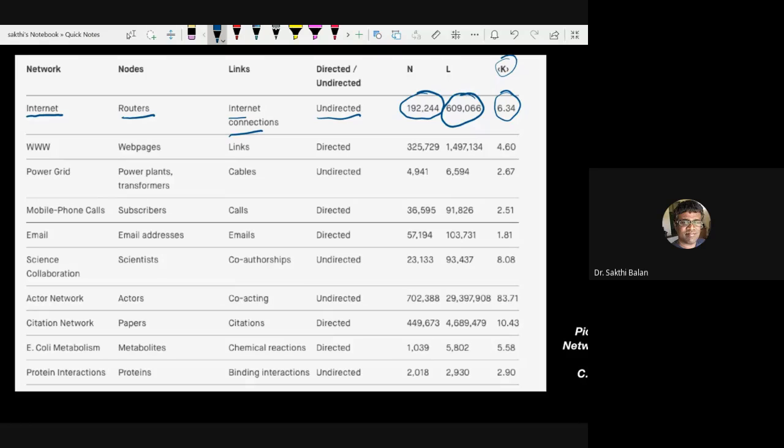But when the graph is so huge, you will not be able to look at the graph in a wholesome manner, because there are a lot of nodes and a lot of edges. So the best way of describing it is through the number of nodes and the number of links, and giving the average degree. That will give you some kind of impression about how the graph exists.